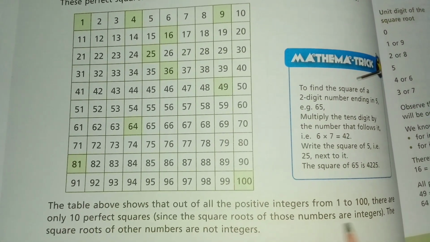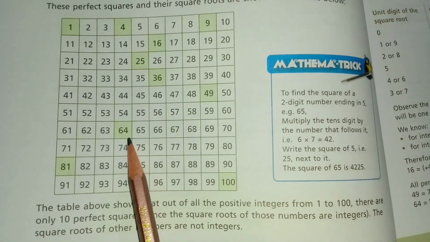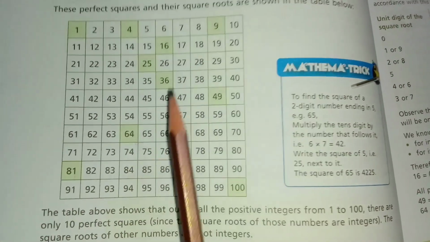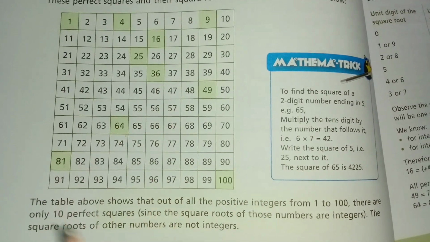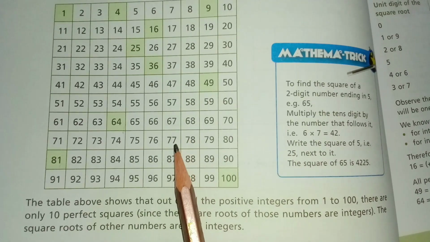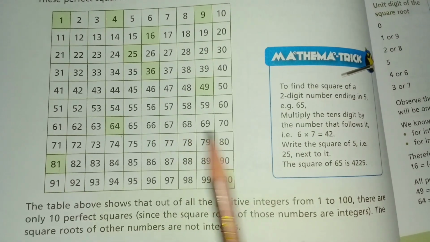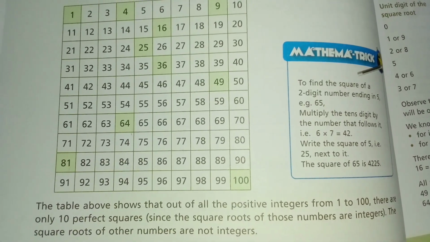The square roots of those numbers are integers: 81 is the square of 9, 64 is the square of 8, 36 is the square of 6. The square roots of other numbers are not integers, because, like 77, they are not perfect squares.